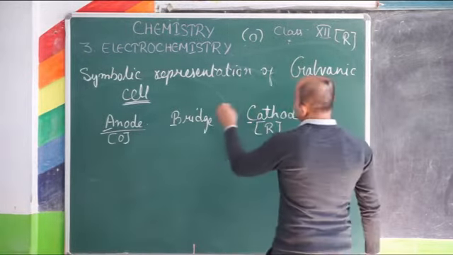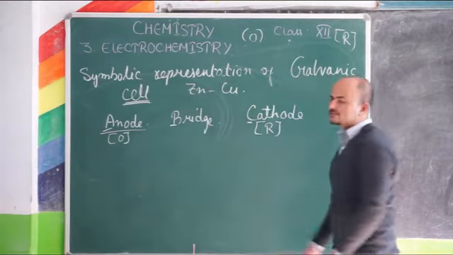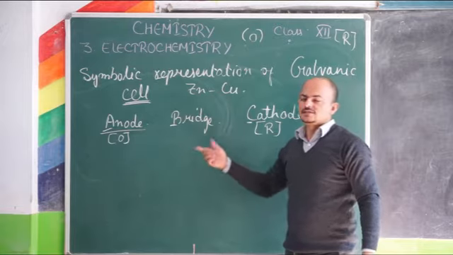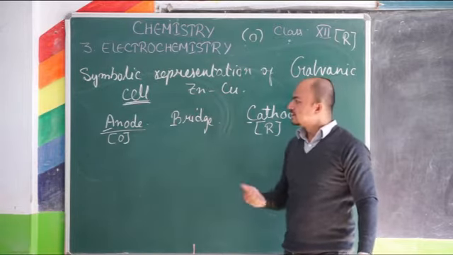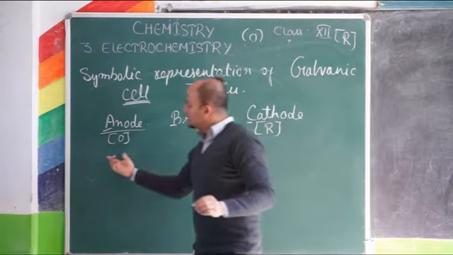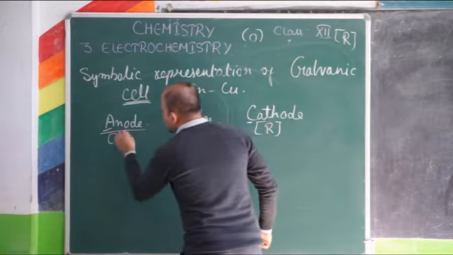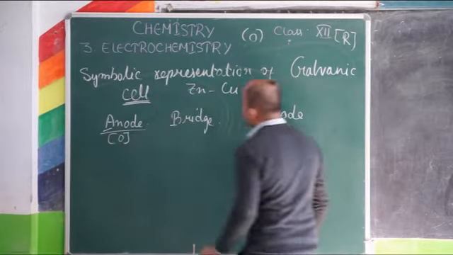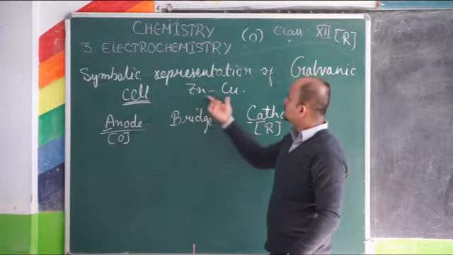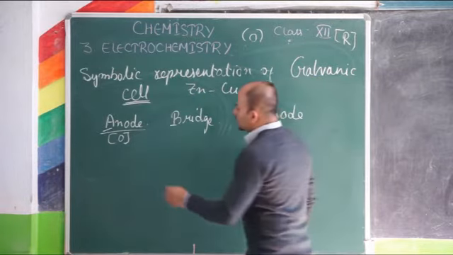Now, in case of galvanic cell, what do we have? We have zinc and copper dissolved in their respective sulfate solutions. Here, this can be represented in different manners. Suppose you have the anode, oxidation taking place. So what was used as anode in case of the zinc copper galvanic cell? Zinc was used as anode.